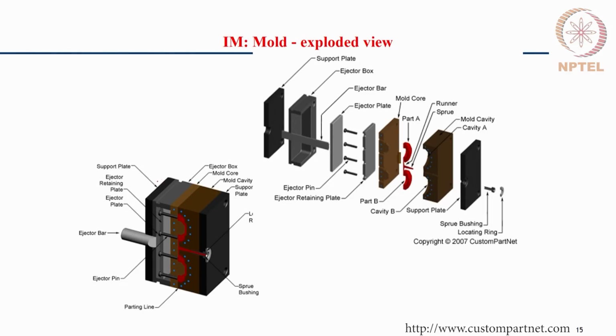A closer view of the mold shows the details of the various components. So, there are supporting plates which are clamped to the machine and which help in clamping the mold plates.